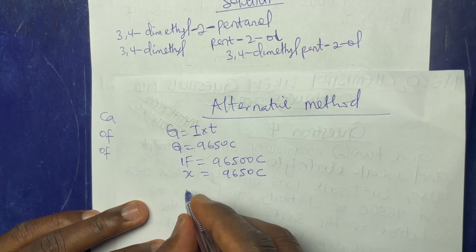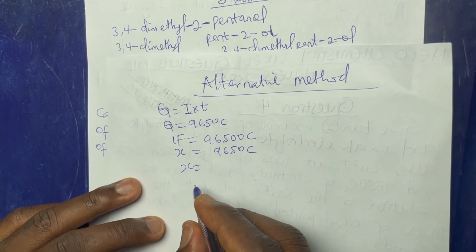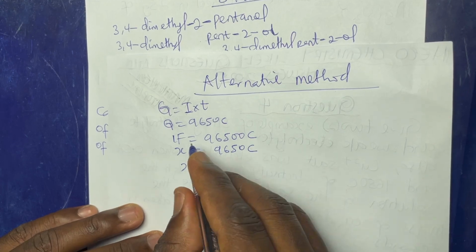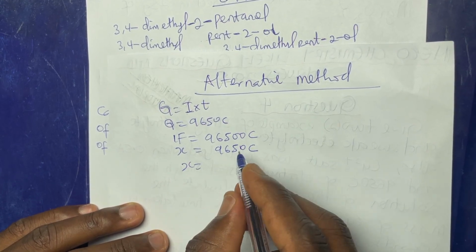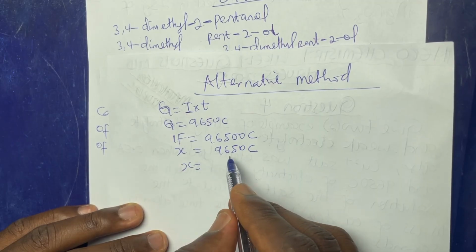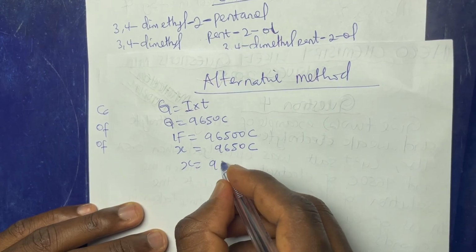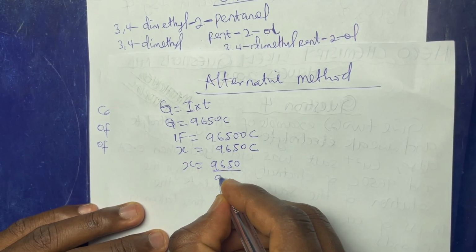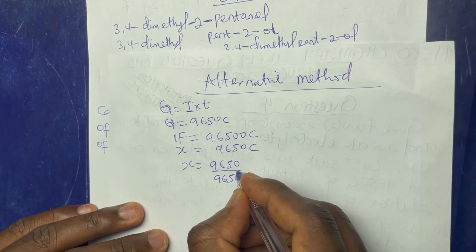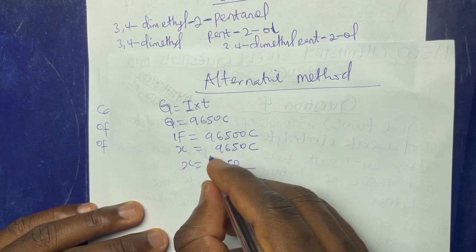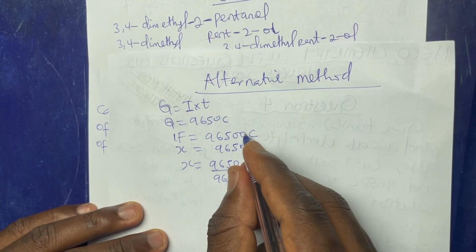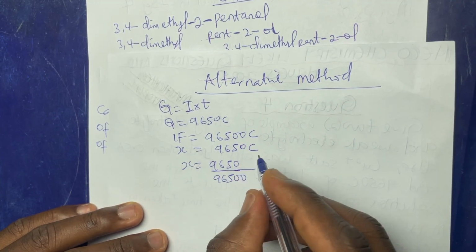So by the time I do the arithmetic and cross multiply, my x will be equal to 9650 over 96500. I want to look at the units though.